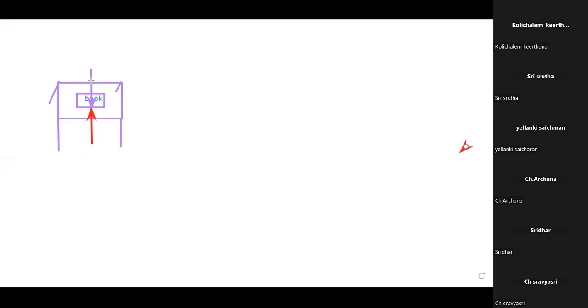Here the force applied by the book is nothing but weight. Who discussed weight earlier? Next, the force applied by the table on the book is known as normal force, and it is denoted by capital N. Always it is opposite to the weight.